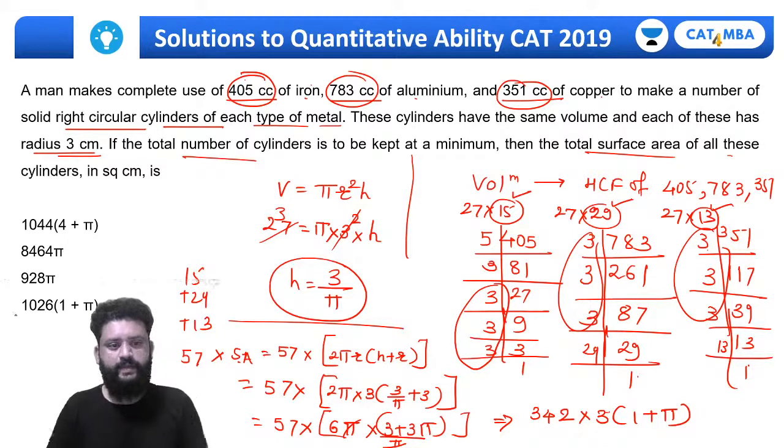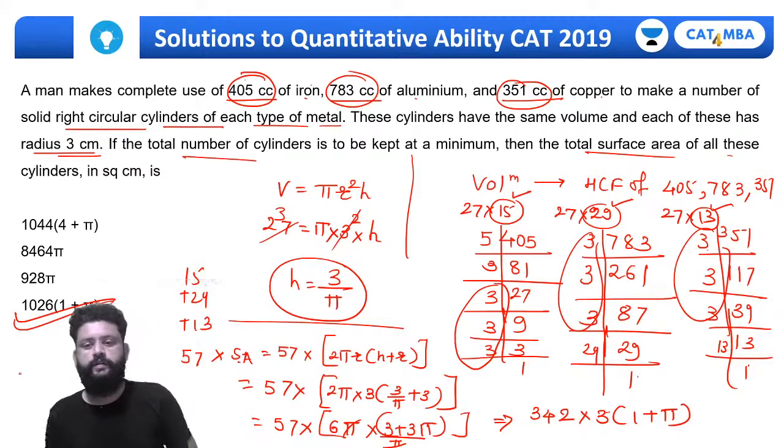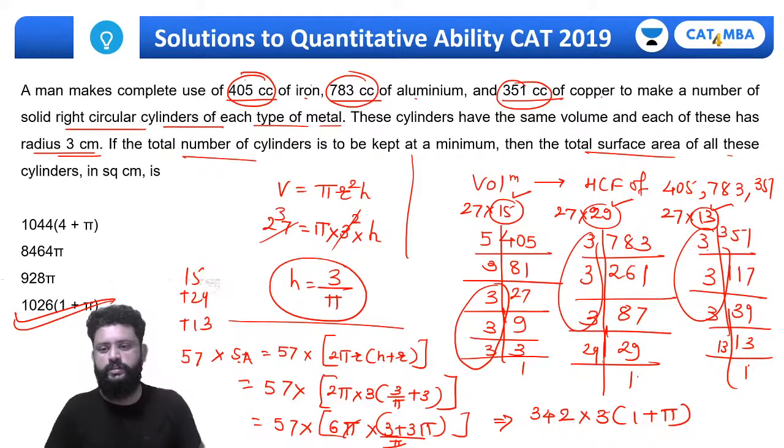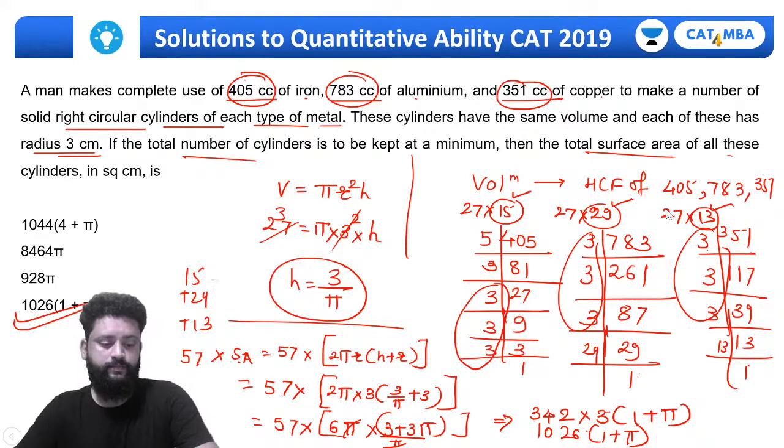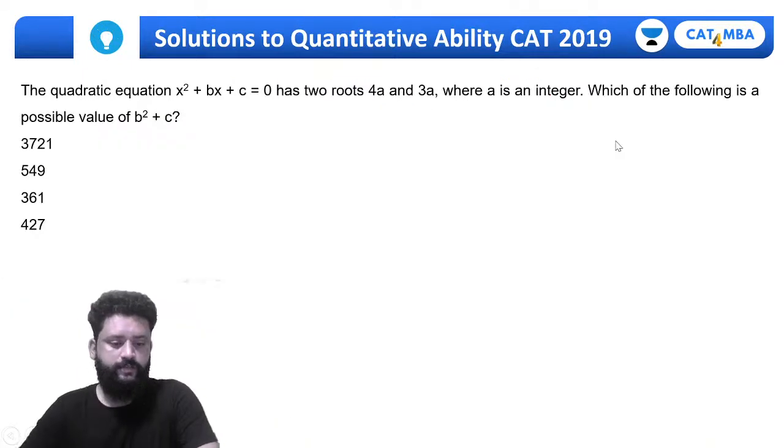So I'm getting 1 plus pi, so this must be the answer. 342 into 3 अगर हम करेंगे, that comes out to be 1026. Okay, so that's a bit tricky question. Let's move to the next.